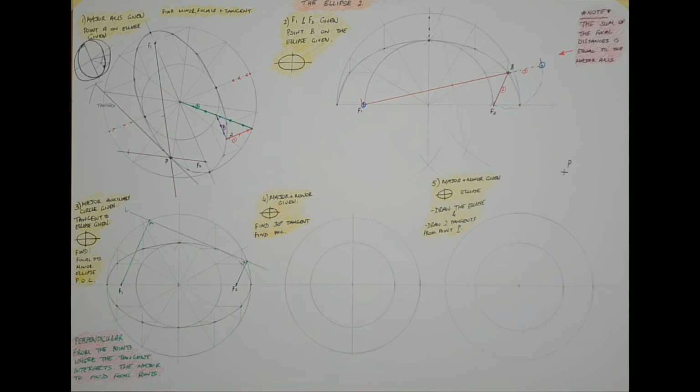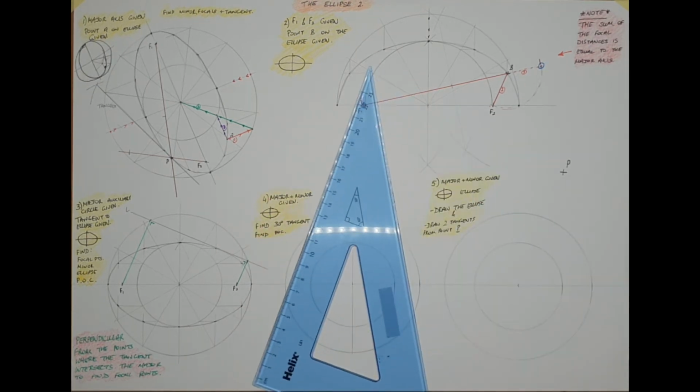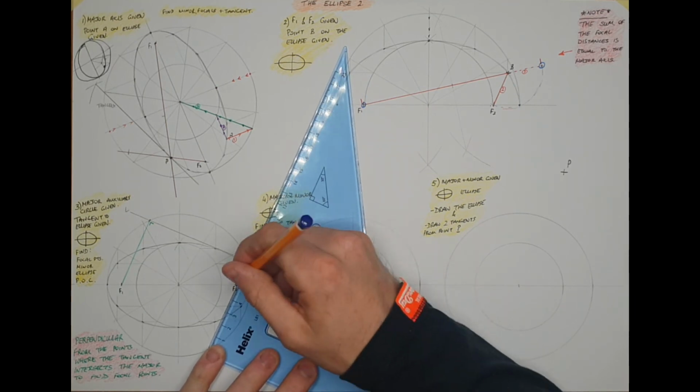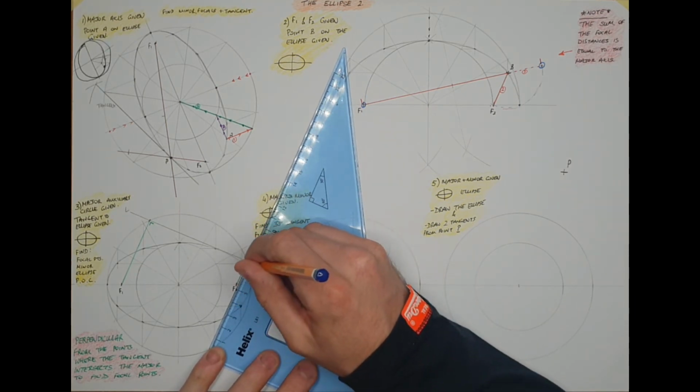So what we do there is we double a focal distance. It's probably going to get slightly muddled up here with the next question, but we'll see. We're going to double this focal distance from the focal out to the major.